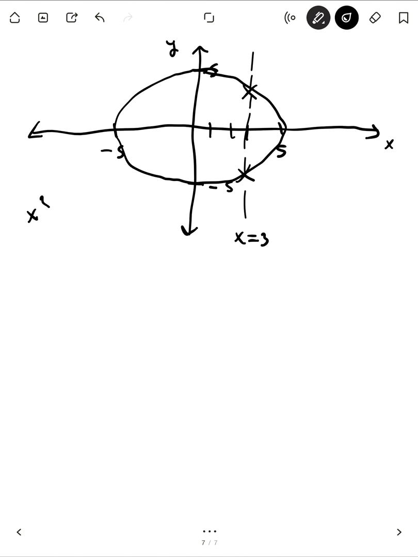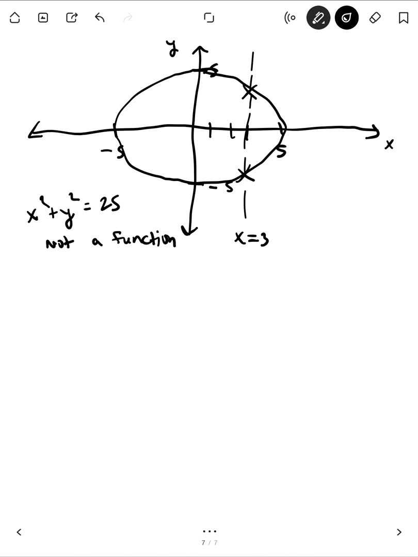So this is x squared plus y squared equals 25, not a function. So you can say that if you draw a picture and there's a vertical line that intersects this curve at 2 points, then it's not a function.